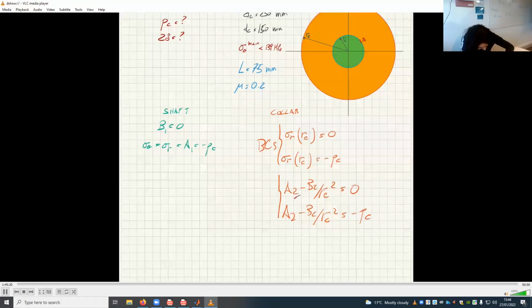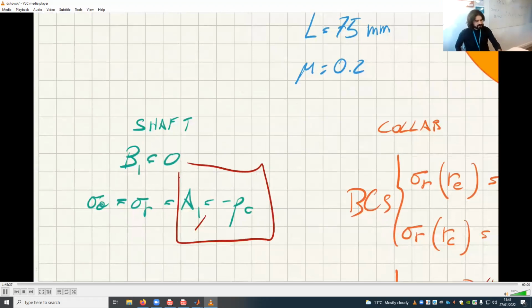How many unknowns do we have here? 1, 2, and 3. Two equations and 3 unknowns. What's missing? Do you want to add this one? Okay, so we are adding one more unknown and one more equation. So now we have 3 equations and 4 unknowns. So see, it's useless.